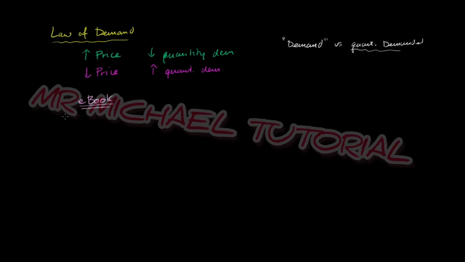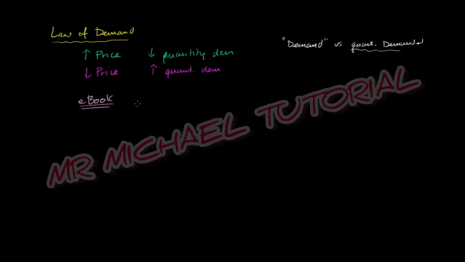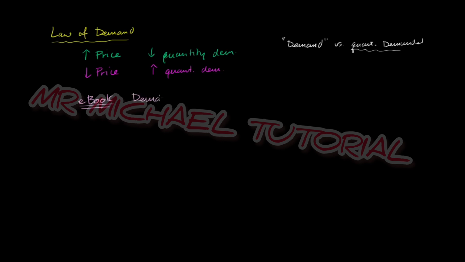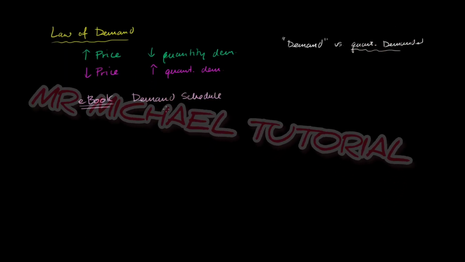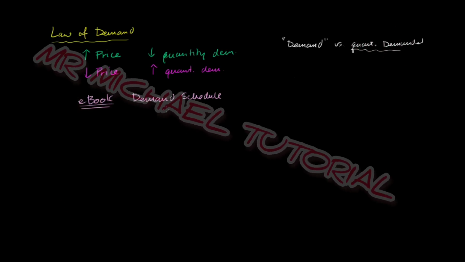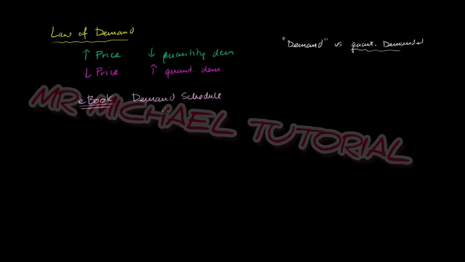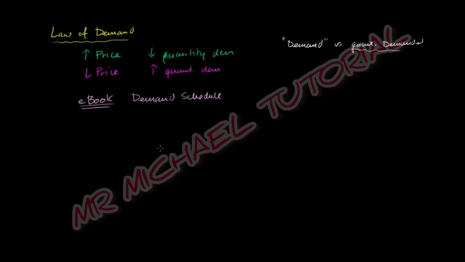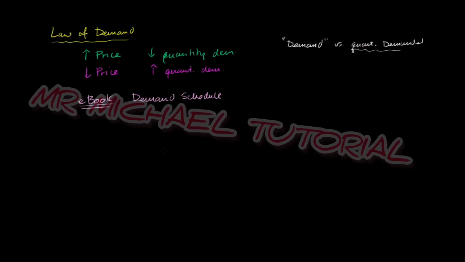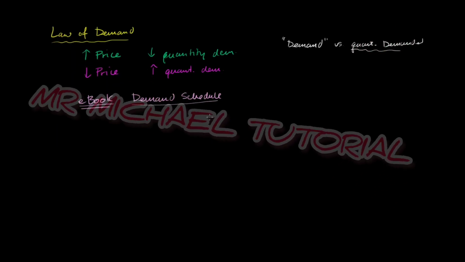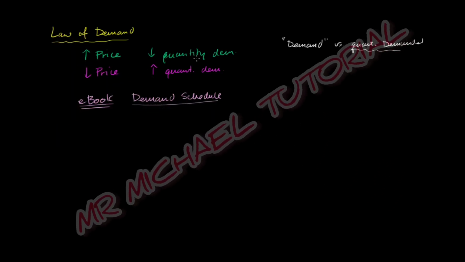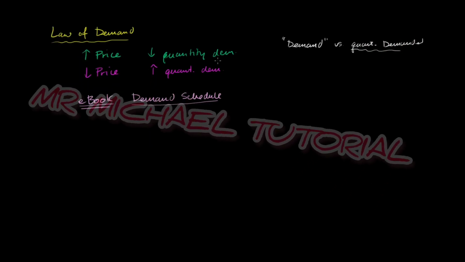And we're going to show that in a demand schedule, which is really just a table that shows how the price. And actually, I made my first mistake. I just said how price relates to demand. I should say how price relates to quantity demanded, and how quantity demanded relates to price. So a demand schedule shows a relationship between price and quantity demanded, all else equal.